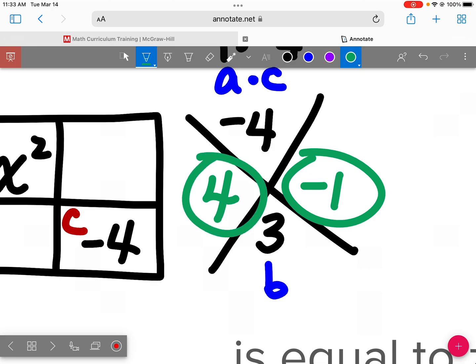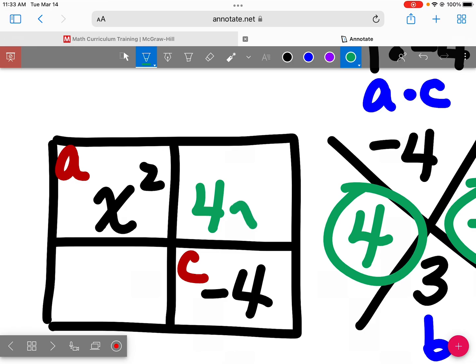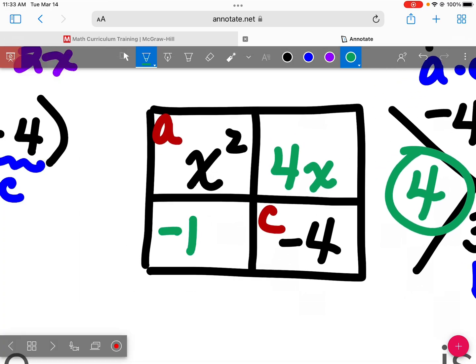So I'm going to put that in my area model for x, -1x. And then I'm going to pull out my greatest common factors from my rows and my columns. X squared and 4x. X. Now on the bottom, negative 1x and negative 4.